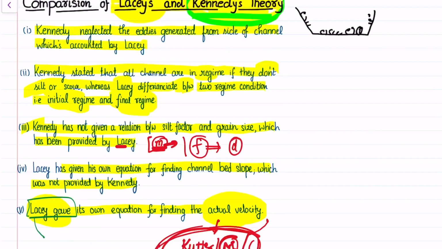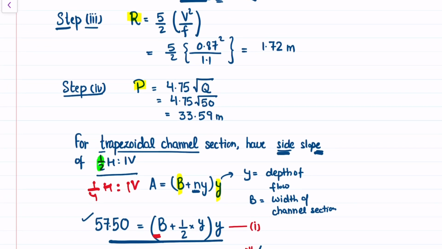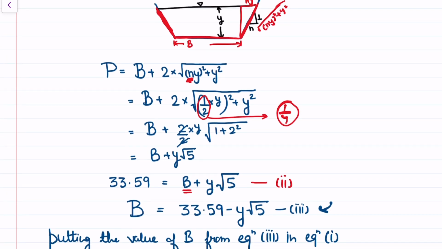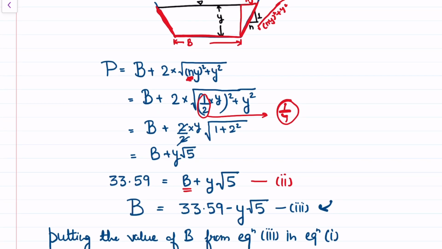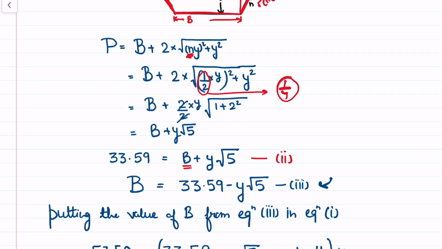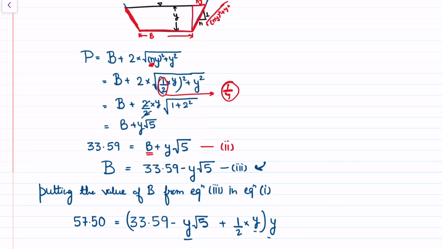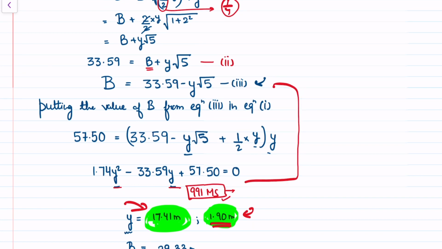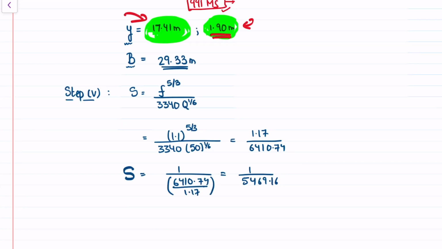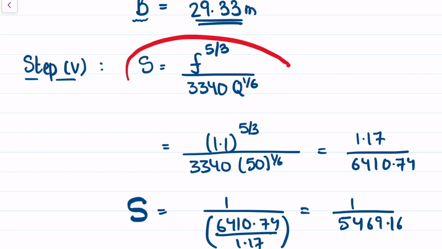And then the source of mistakes in Lacey's is the calculation. After you have remembered the formulas correctly, the next source of error is that, maybe due to time constraint or lack of practice, calculation errors may take place, especially while finding B and Y and finding the bed slope value.